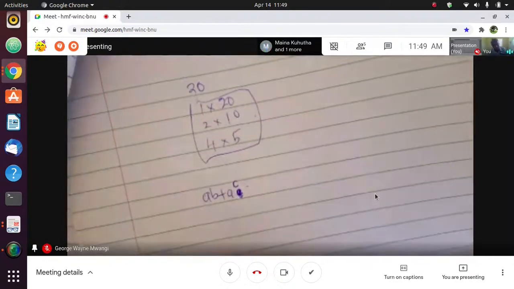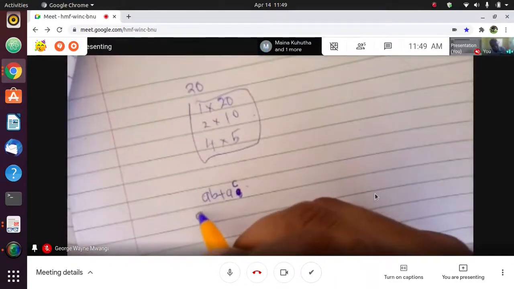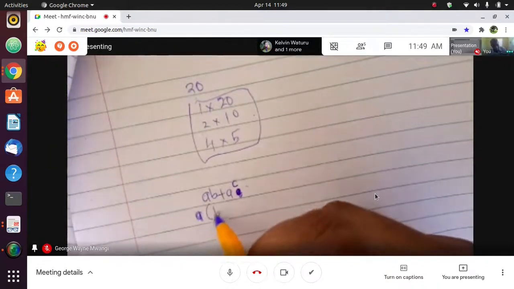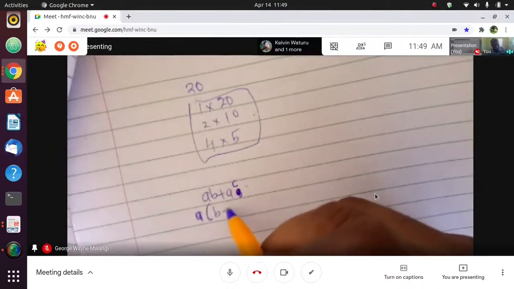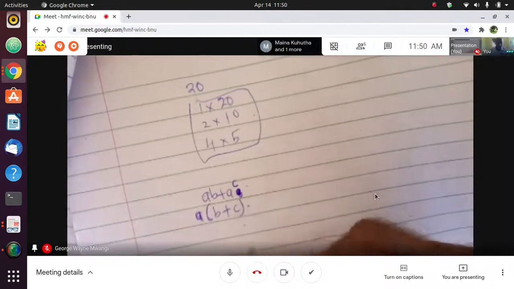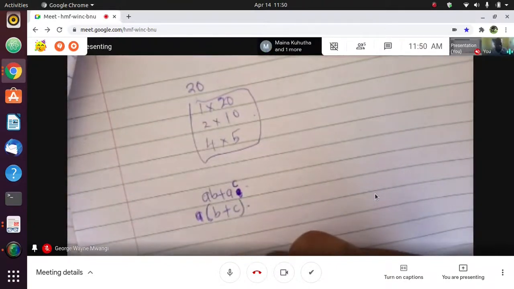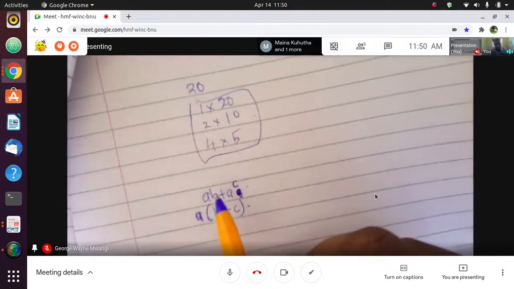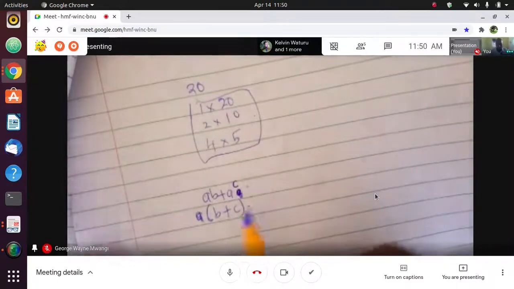So when I tell you to factorize, unachukua a, unaweka nje ya bracket, and you introduce a bracket, to be a into brackets b plus c. Sawa. So when factorizing, we are looking at an expression, an equation or a number, and we see what is the common factor in that expression, and we take it out of that expression, and then introduce brackets.